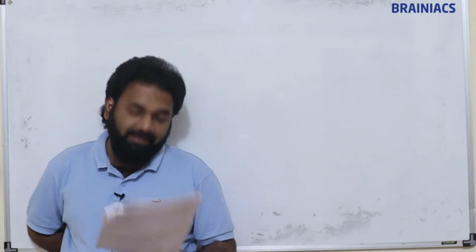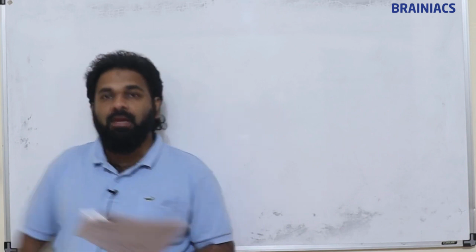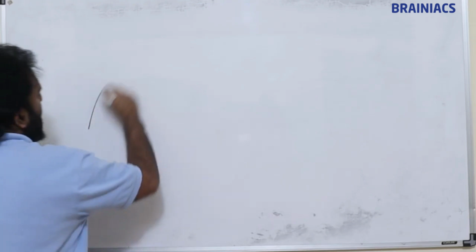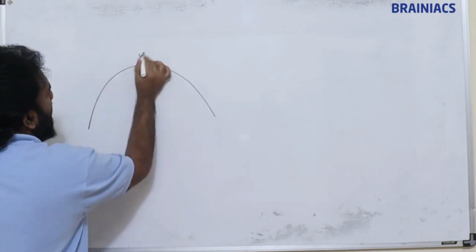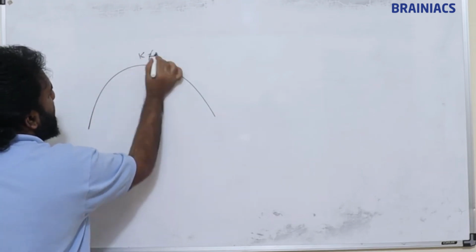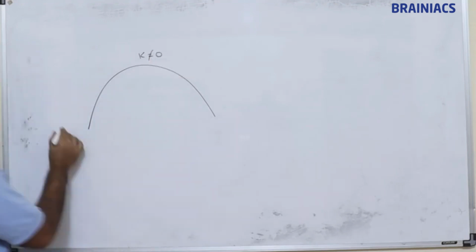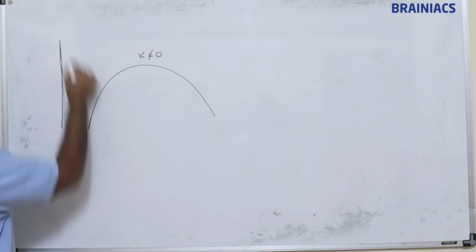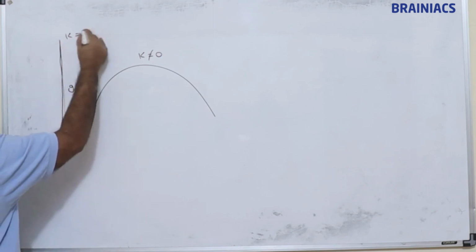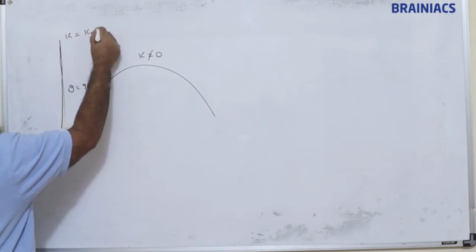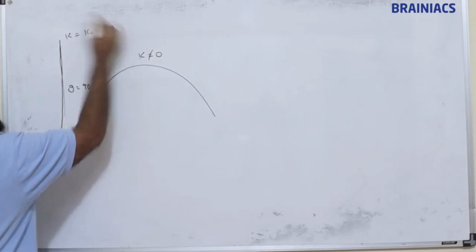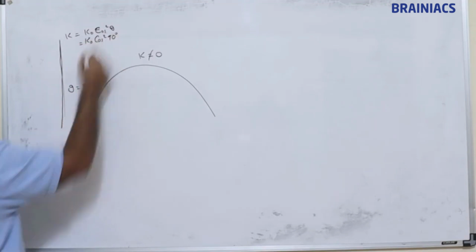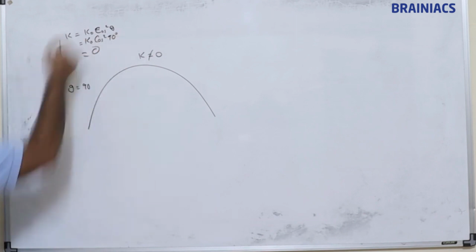The kinetic energy of the ball which is projected at 90 degree. If we directly project at an angle 90 degree, the kinetic energy formula gives k naught cos square theta. So k naught cos square 90 degree we will have to put, and this will become 0.